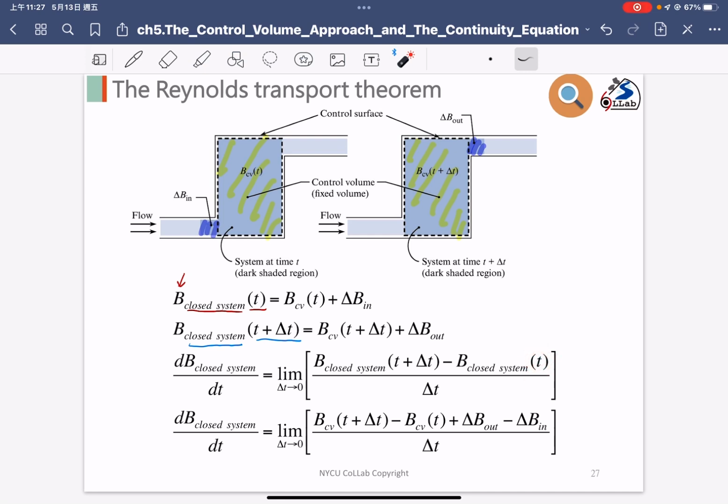Okay, so you just put all of the parameters into these equations. You can expand the equation to this formula. Okay, the idea is that we combine all of the parameters related to the CV together.